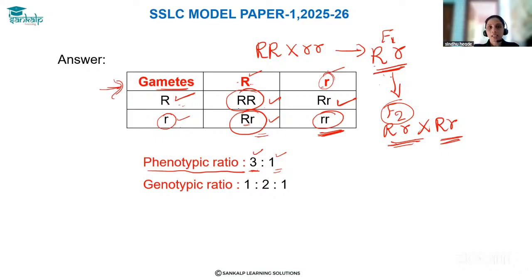Because even with one capital letter we call it dominant. So 3 dominants and only 1 recessive. So this is the phenotypic ratio.